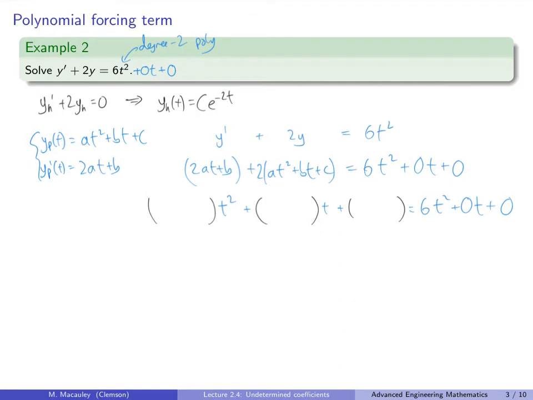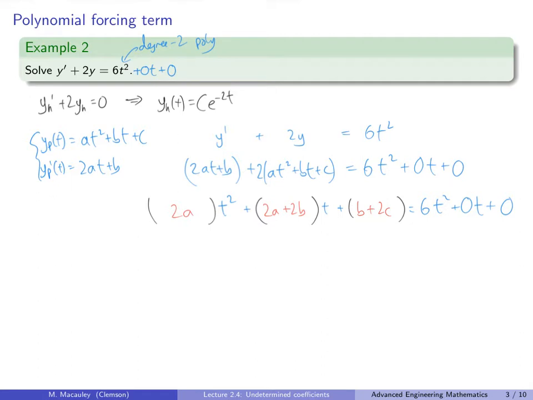How many t squareds do we have on the left-hand side? Well, we have 2 times a, right? So I'm going to put 2a right there. How many t's do we have? We have 2a plus 2b. And then how many constants do we have? We have a b here, and we have a 2 times c here. So we have b plus 2c.